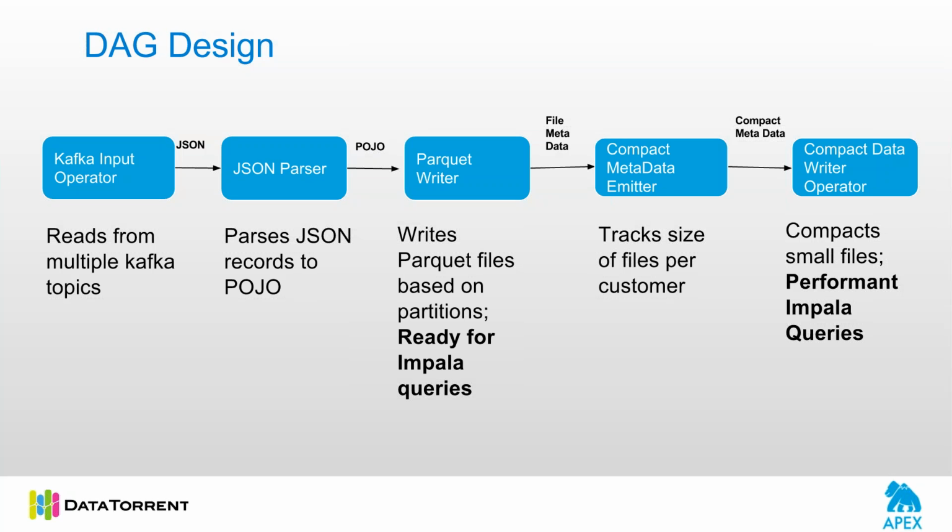This is followed by a JSON parser, which reads the JSON records and converts them to POJO for downstream processing. Then we have a Parquet writer operator, which reads the POJO, and based on the partition scheme, writes the files to the HDFS.